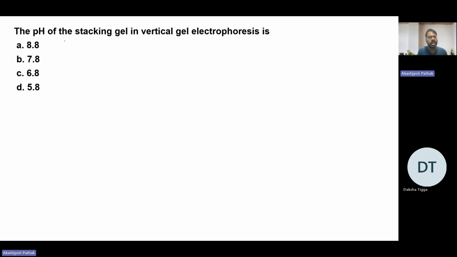Now, what is the function of the stacking gel? What is the pH of the stacking gel? It is asked in this question. Remember, the pH of the stacking gel is 6.8, and the separating gel has a pH of 8.8.